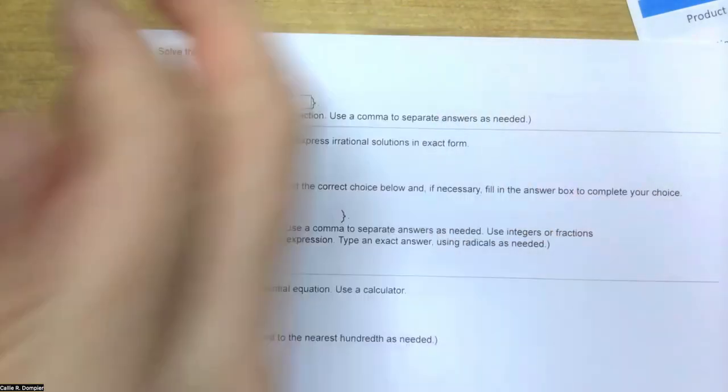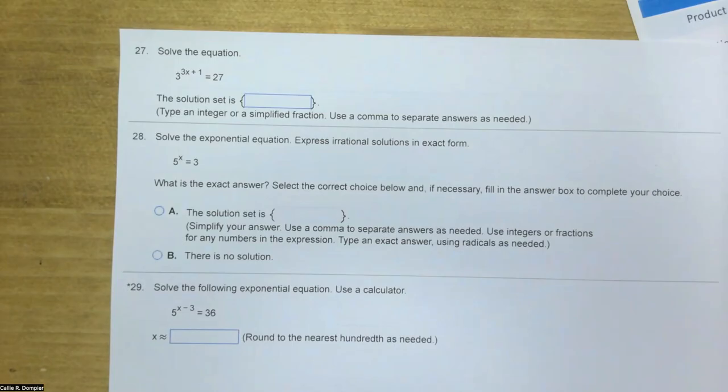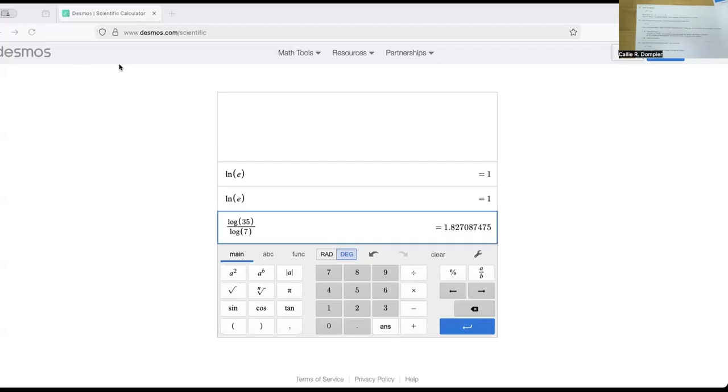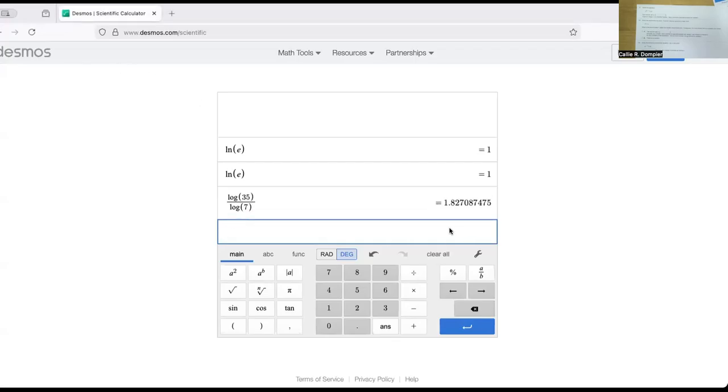So 27, if I think about it, is there a power of 3 that would equal 27?